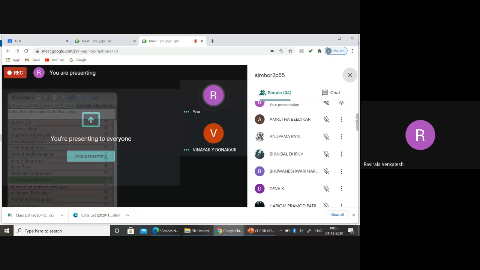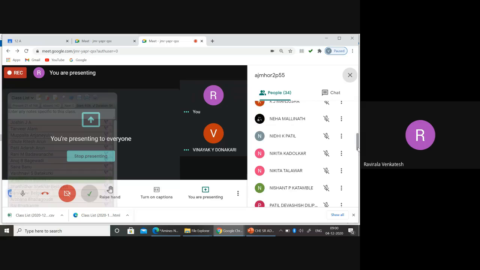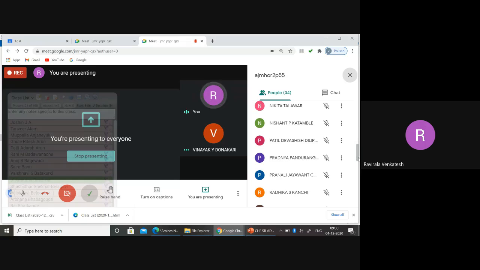Deva. Hariom Patil. Manjusha. Neha M. Nidhi. Nikita K. Nikita K tomorrow, yesterday absent. Nikita T. Nishant.